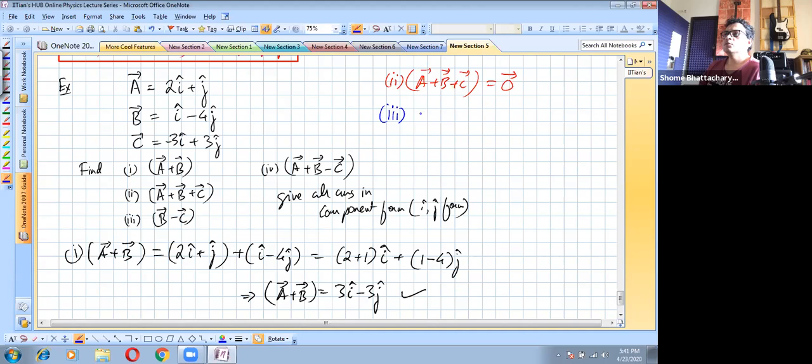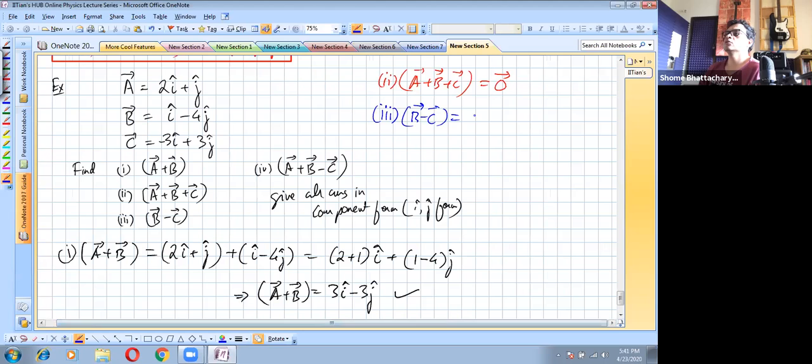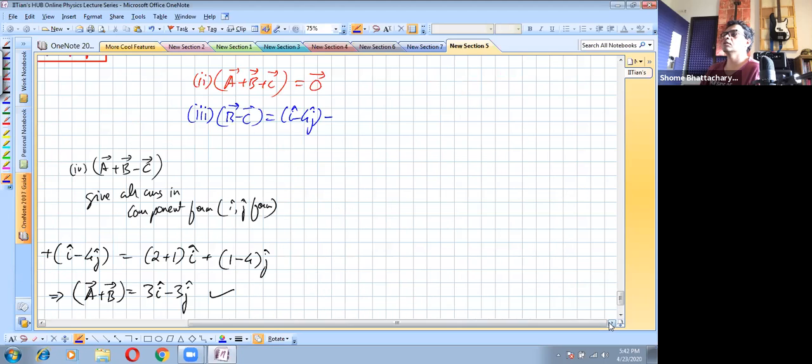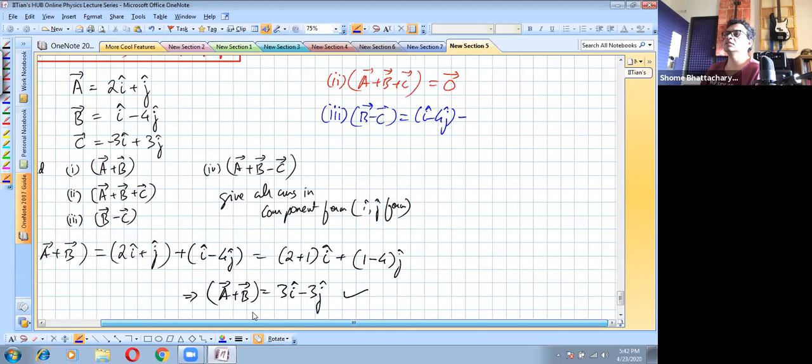Yeah, so the third part we want to do b minus c. Let me just work out the steps for this one also. So b is i minus 4j. And now we have to subtract from that c, which is minus 3 plus 3.